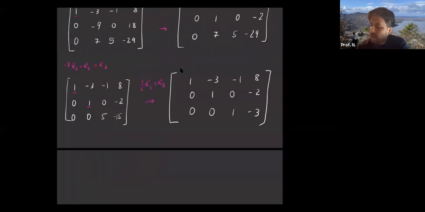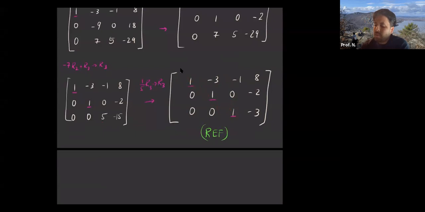So what do I have this in? This is in row echelon form. It's not reduced row echelon form yet because I don't have zeros above the pivots yet, but I have ones on the diagonal where the pivots are, and zeros all underneath. So this is an REF.